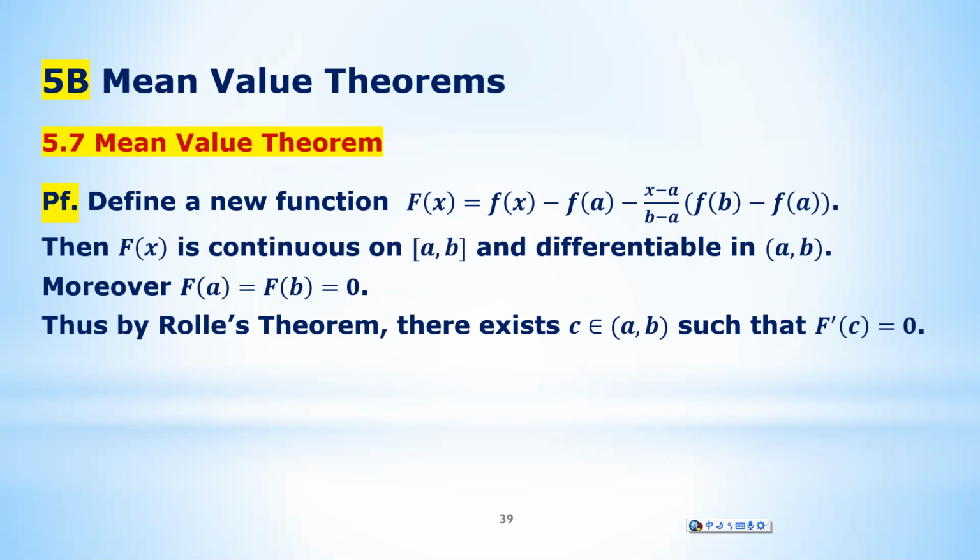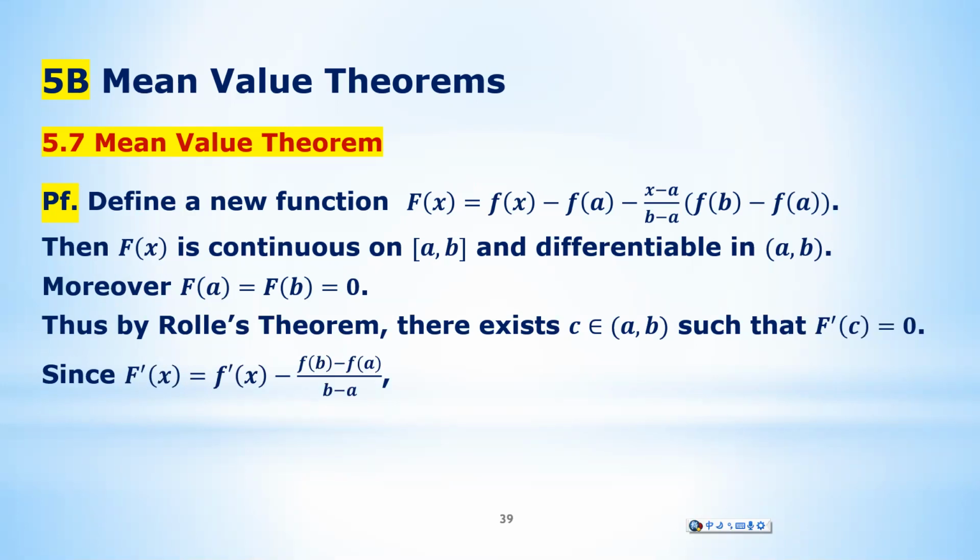Now let's compute the derivative of capital F. I can do that because on the right side, capital F is made of the little f plus a linear function. We know how to compute the derivative of a linear function. So taking the derivative on both sides, the first term is f prime of x. Then f(a) is a constant, so taking the derivative becomes 0.